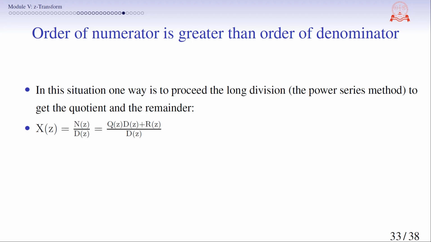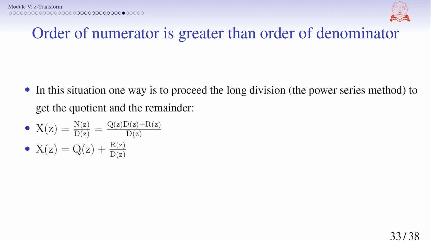If X(z) is my system function, it can be written as N(z) divided by D(z). Here N(z) can be written as quotient part of z into denominator of z plus remainder of z. So X(z) can be represented as quotient plus remainder divided by denominator.